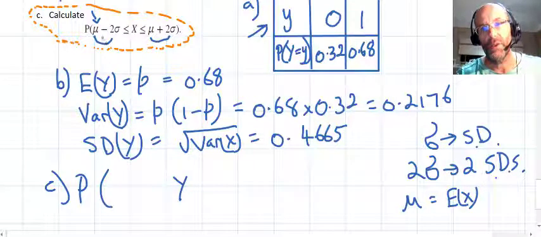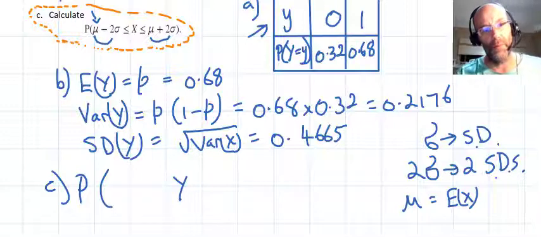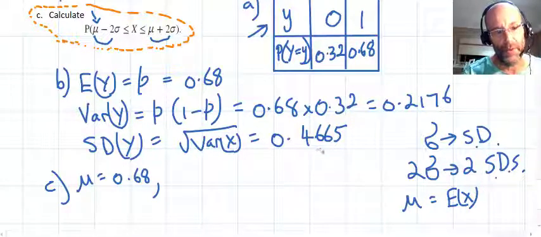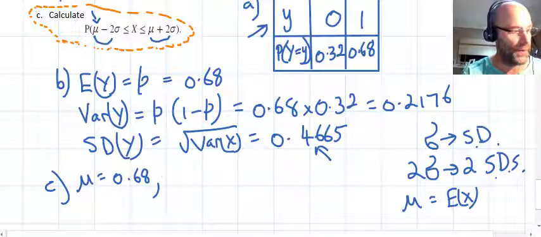So what we're going to do is calculate mu minus 2 sigma and then mu plus 2 sigma first of all. We know the mean is 0.68, the standard deviation is 0.4665.